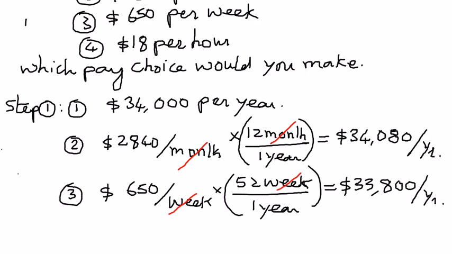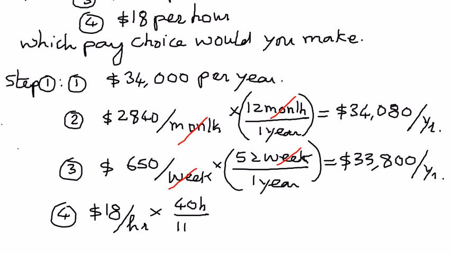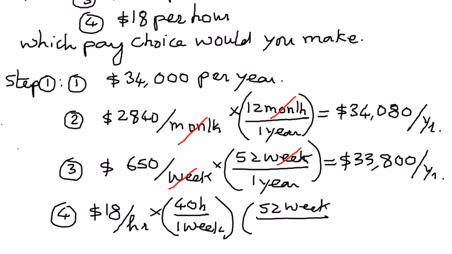And the last choice we have here is, if we make $18 per hour, and we want to know the number of hours we have in a year, we know that there are 40 hours in 1 week. We are working 40 hours in 1 week, and we are working 52 weeks in a year.